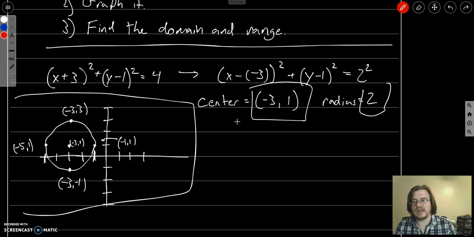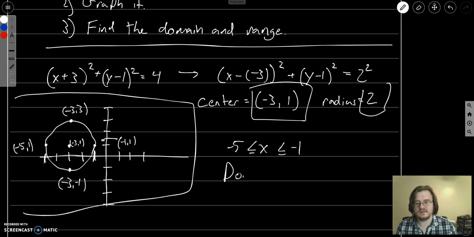So the x's will range between negative 5 and negative 1. So the domain of our relation is going to be from negative 5 up to negative 1, and it includes negative 5 and negative 1.